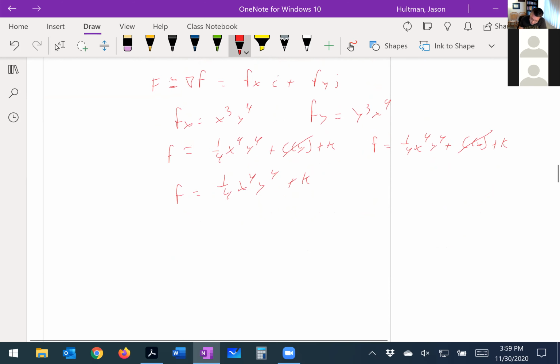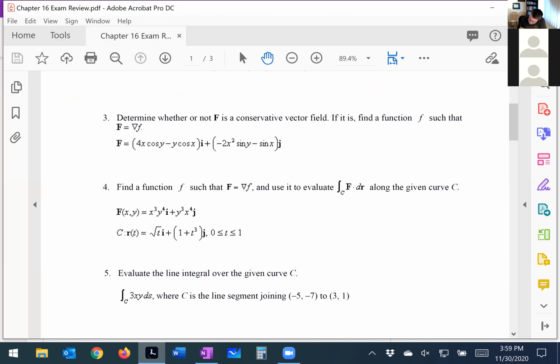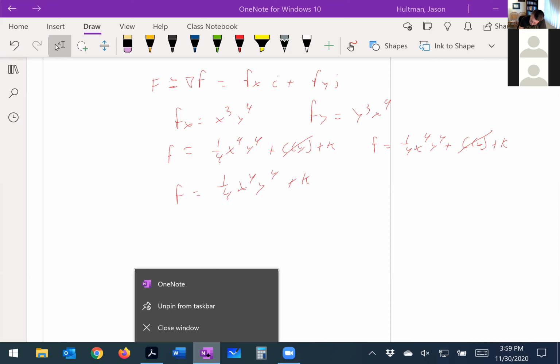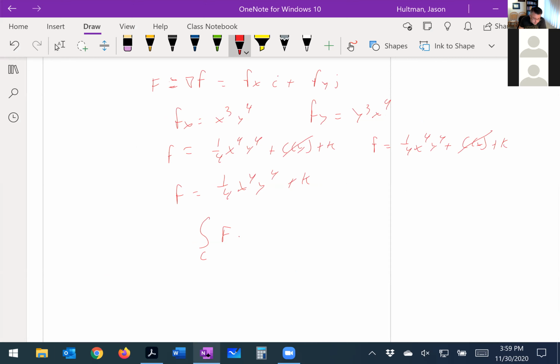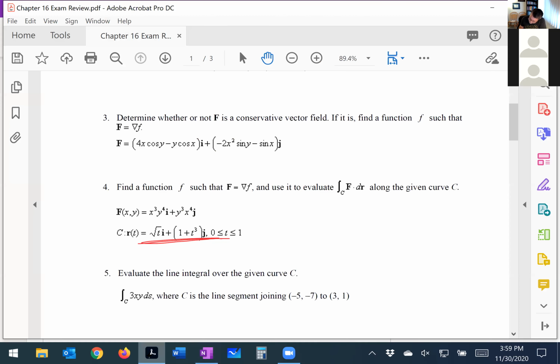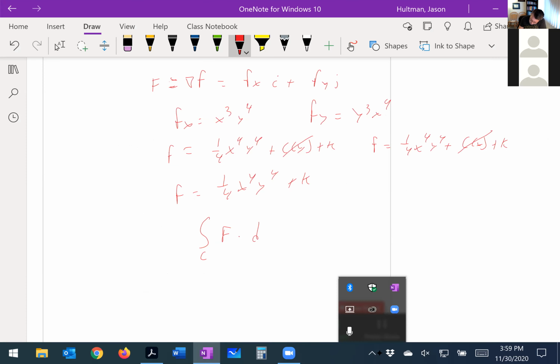Okay, but now they're saying evaluate this thing as a line integral. So evaluate the line integral along this given curve, where r of t is equal to this thing here, where t goes from 0 to 1. So what do we want? We want the integral of F dot dr along C, but we're going to parameterize this in terms of r of t.